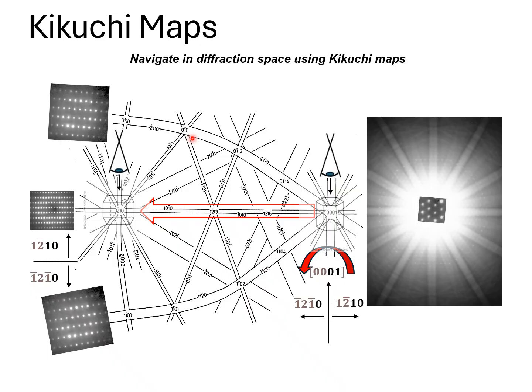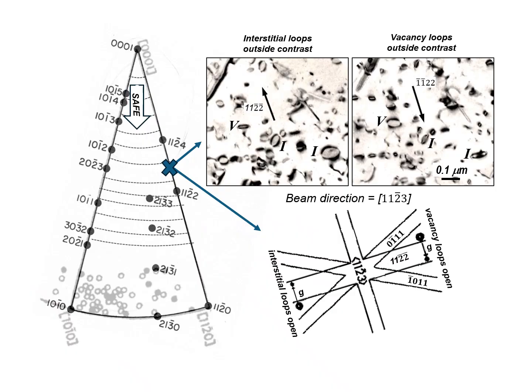So when you tilt the crystal, you've got to think of the Kikuchi lines as being attached to the crystal, but you're seeing the effect projected onto the bottom plate of the microscope, as if these tram lines are coming out of the bottom of the crystal. You have to bear that in mind when you're driving around in Kikuchi space. Once you know where you are, there are certain characteristic orientations, certain diffracting vectors, that help you characterize the loops.